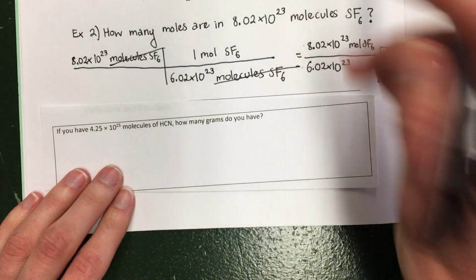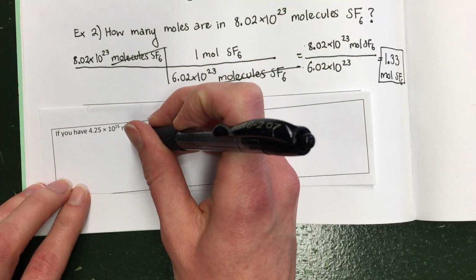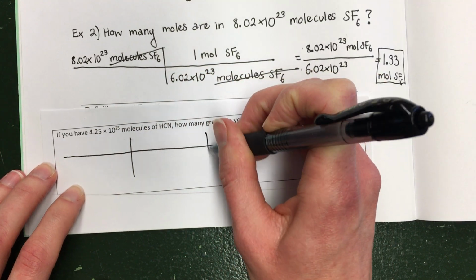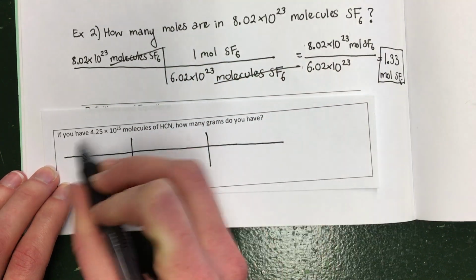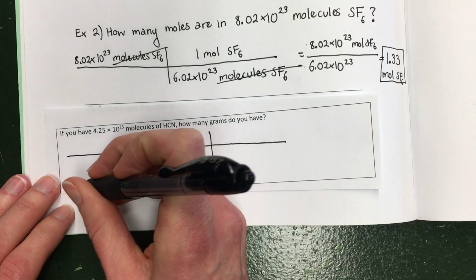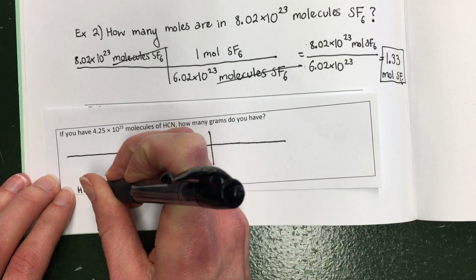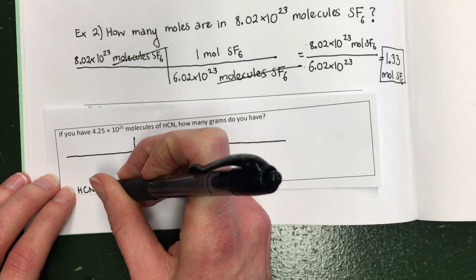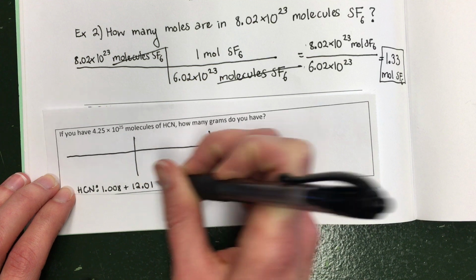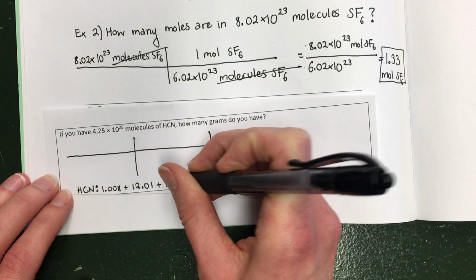So I'm going to set up my chart again with space for my number that I'm starting with, my given, and my two conversion factors. I do need to find the molar mass of HCN. So we'll do that really quick. Hydrogen is 1.008. Carbon is 12.01. And nitrogen is 14.01.